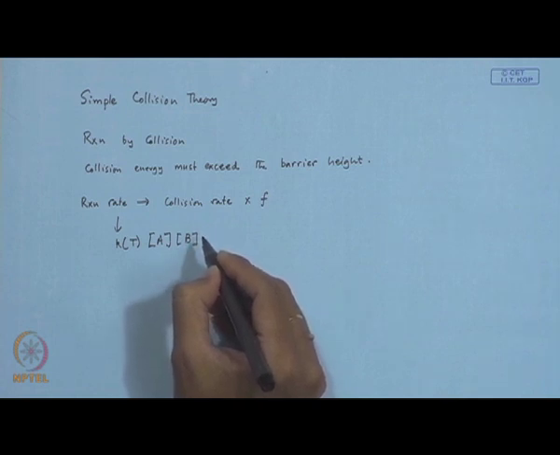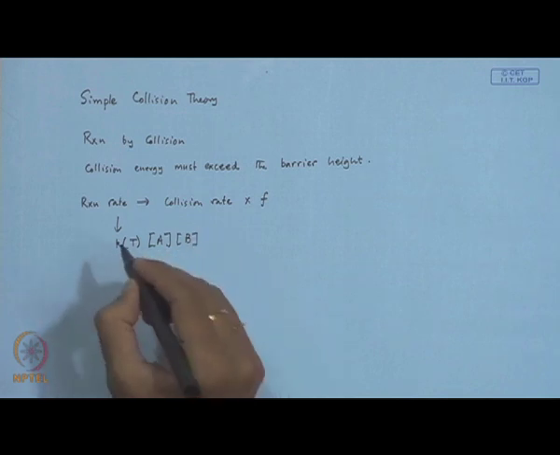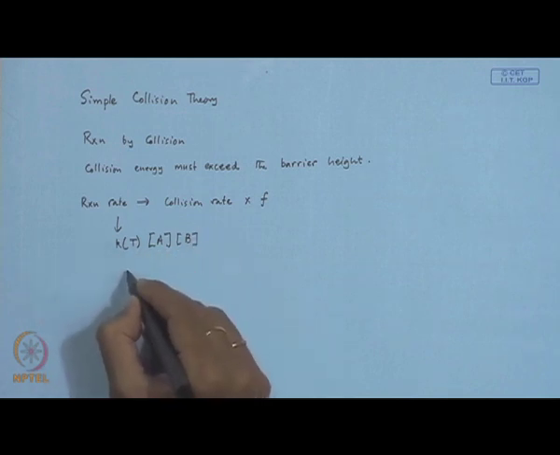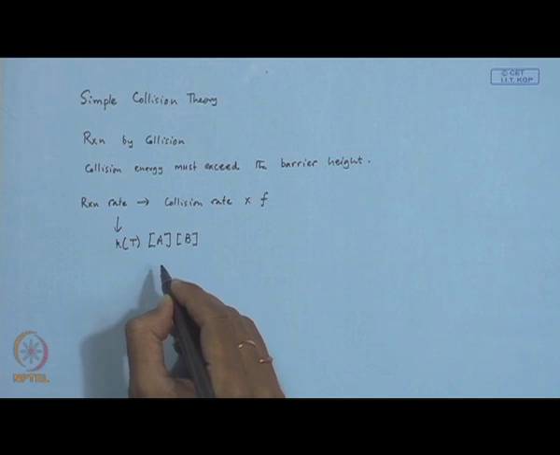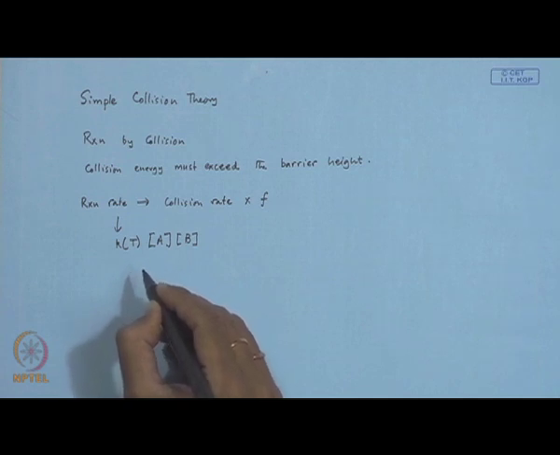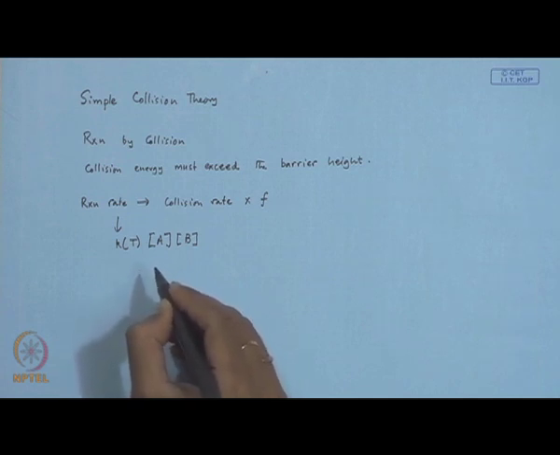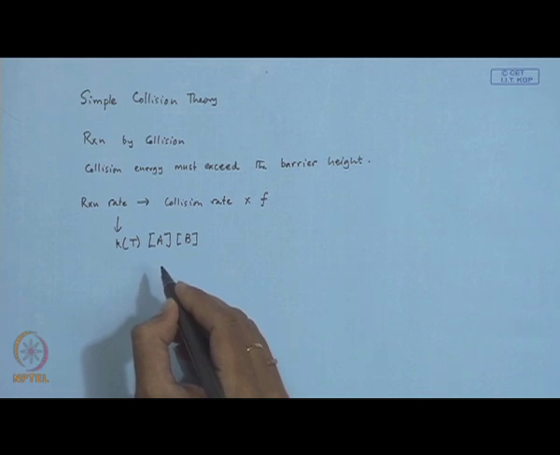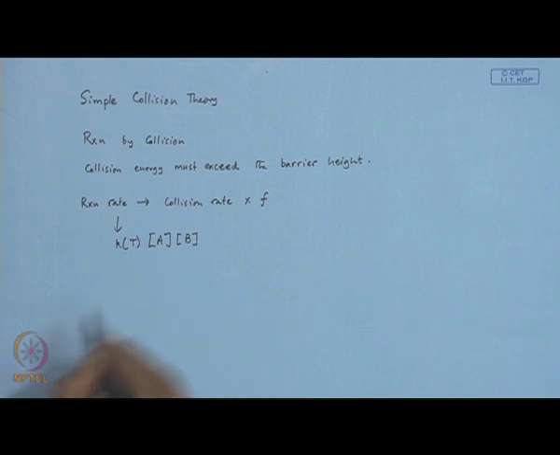And the collision rate is basically capital Z_AB times the concentration of A times the concentration of B. This is the starting point of our discussion: we will start with simple collision theory, then progressively move to other models.